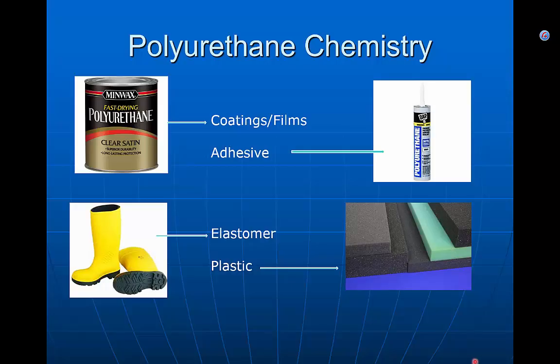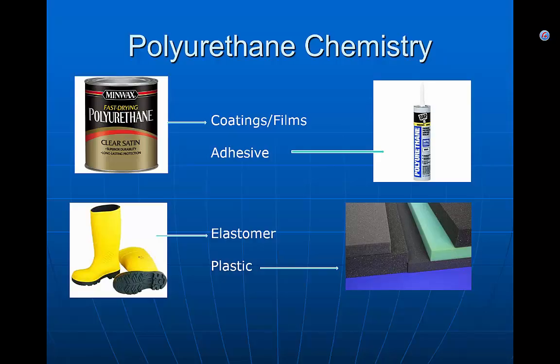Now, some resin systems are very flexible. That is, have a great variety of applications. So polyurethane chemistry, for example, is a fantastically diverse system. And of those 5 categories I just showed you, it's used in coatings and films, it's used as an adhesive, it's used as an elastomer, and then as a plastic and foam, which you're familiar with, but also filled with fiberglass.